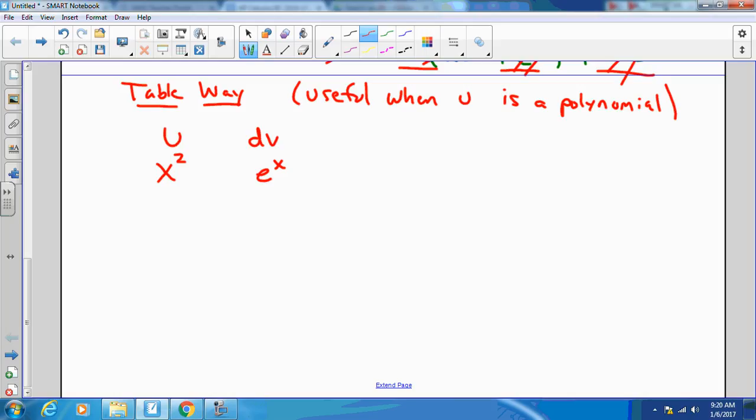So if I take the u here and take the differential to find du, what I get is 2x dx. And I'm going to go ahead and write the 2x, but not the dx part. And likewise, I'm going to integrate e to the x dx in order to get the v, which is e to the x. So the process of getting from here to here is a derivative process. And the process of getting from here to here is an antiderivative process.